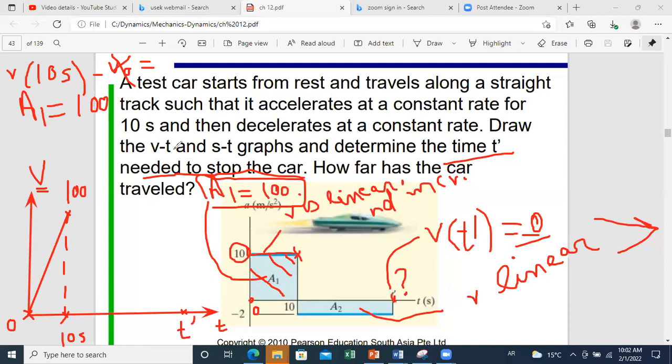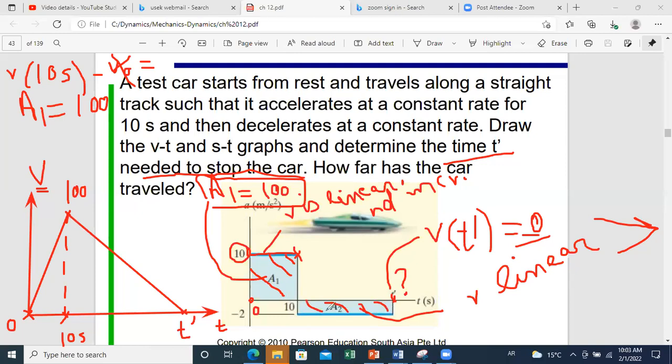So I will join these 2 points, and to get t prime, I know that the variation of velocity between these 2 points is equal to the area 2. Between 10 and t prime the velocity is decreasing.